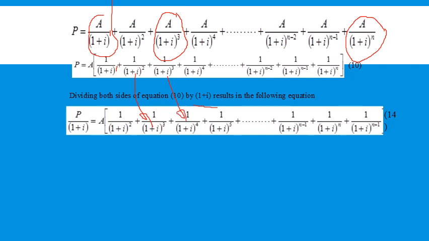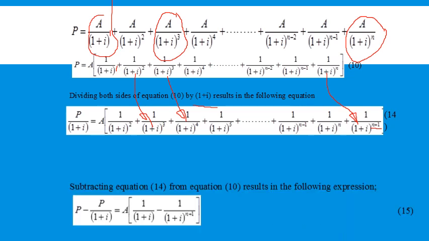If I continue like that, 1 divided by 1 plus I to the power of n will become 1 plus I to the power of n plus 1. You can see that here. 1 plus I is being added.